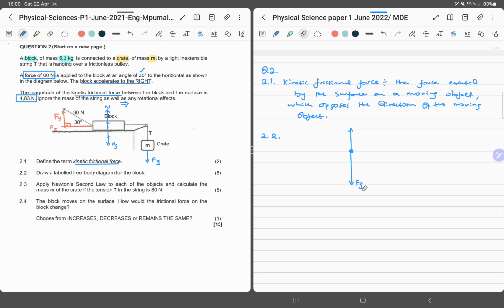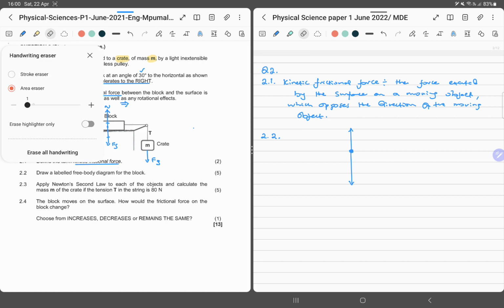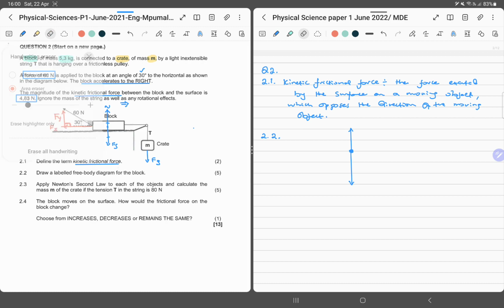But what is important here, the proportions of these things sometimes is significant, but sometimes it's not. So this is basically N, capital letter N is for normal force.